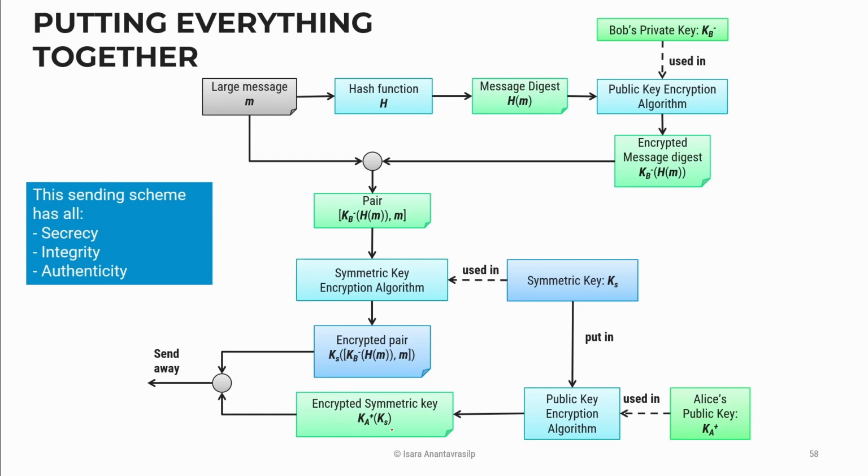But that leads us to the last problem, authenticity. The problem occurs on both sides. First, how can Bob know that this public key belongs to Alice?